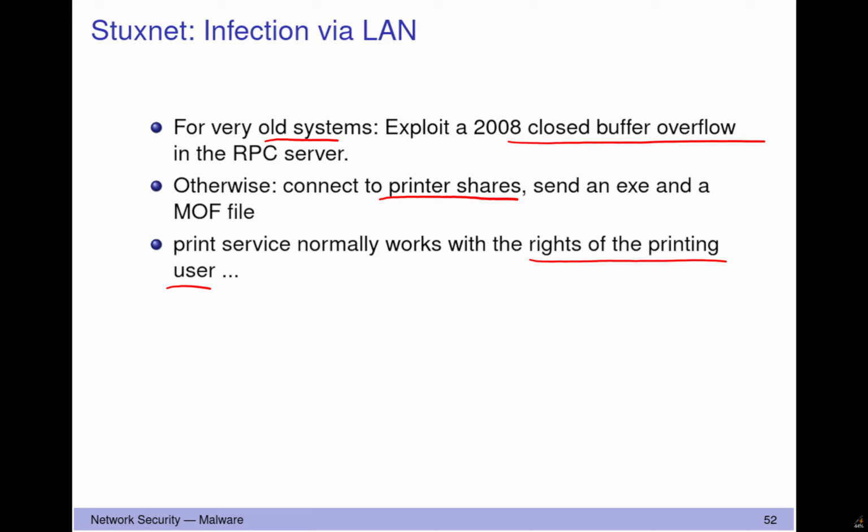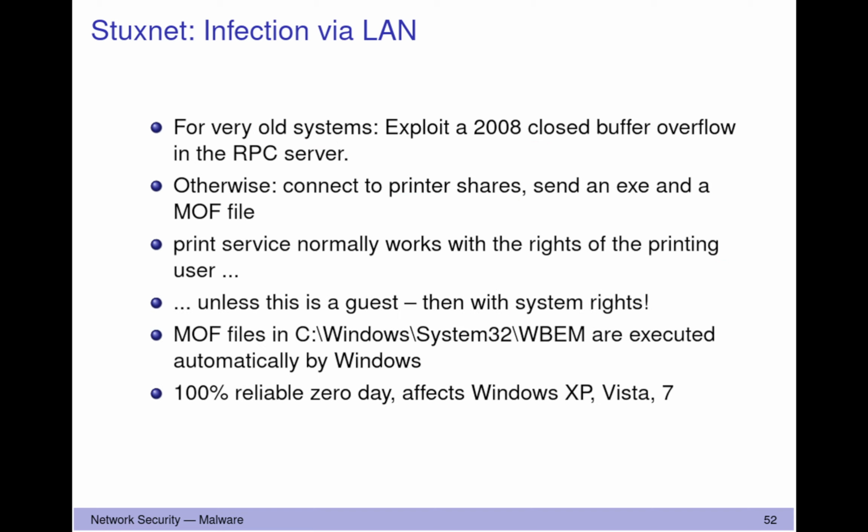So then again, they could copy themselves over to that machine, in a worm fashion, and then execute through this kind of hidden or similar-looking element like a driver to execute that operation at the other machine. But if there was no user logged in, then it was using system rights.